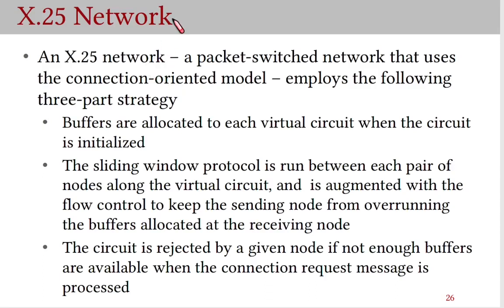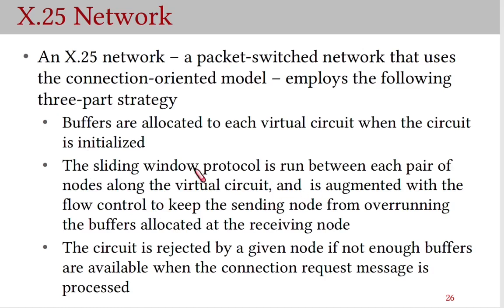X25 network was a successful networking technology back in the days. It is obsolete now, and X25 used virtual circuit switching. In X25, when the circuit was being established, buffers were allocated to each virtual circuit. Secondly, a sliding window protocol was run between each pair of nodes.